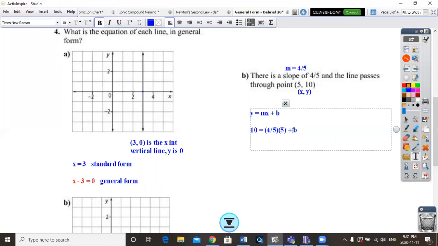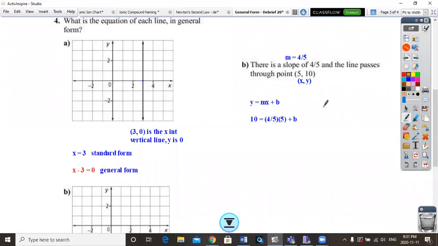So again, 4/5 times 5. The 5's cancel, and you're left with 4.